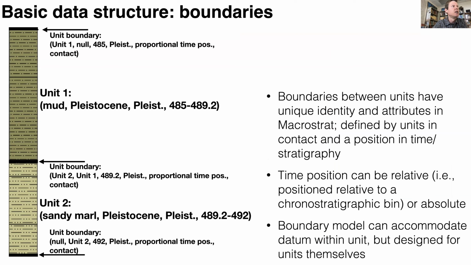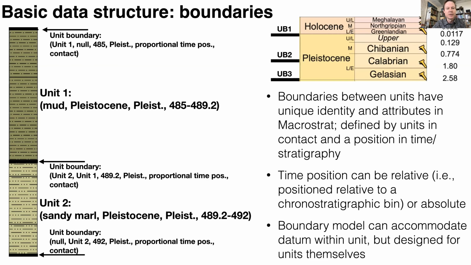The top one here would be bound on the bottom by unit 1. It would have no bounding unit on the top. In this contrived example, it would have a position, it would have a reference time interval, and it would be assigned proportionally within that time bin, and its boundary type would be a contact. What I mean by proportionally within the time bin, there's a sort of cartoon representation of what this might look like visually.